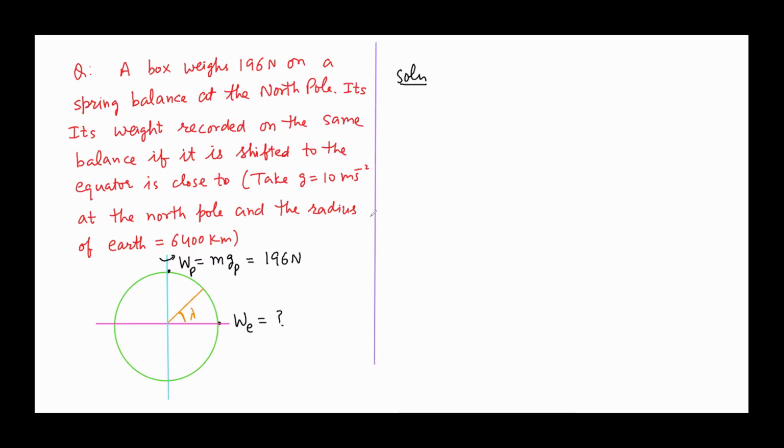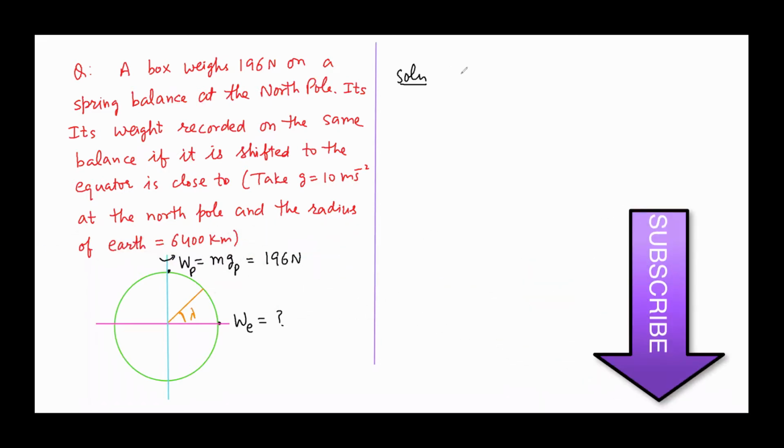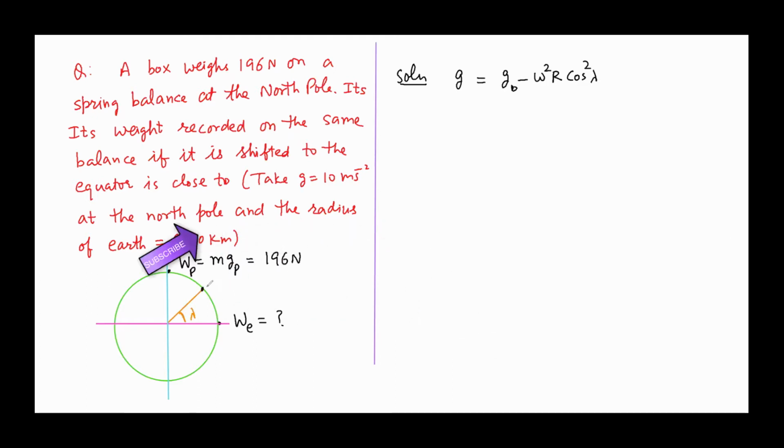Due to rotation of Earth, acceleration due to gravity changes, and it is given by g equal to g naught minus omega square R cos square lambda. Suppose lambda is the angle, this angle is called the latitude, and this line is the equator. Suppose the mass is here. So this angle lambda is latitude.